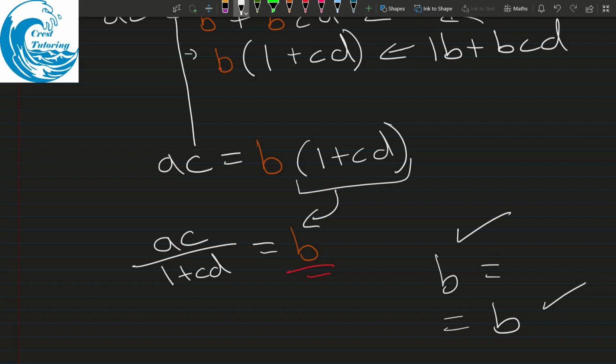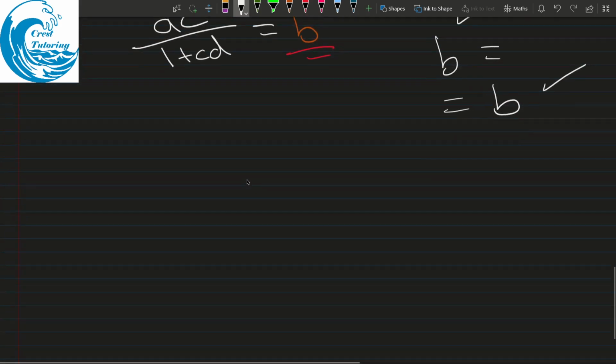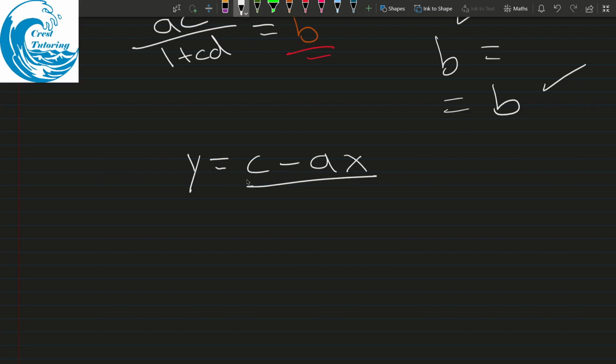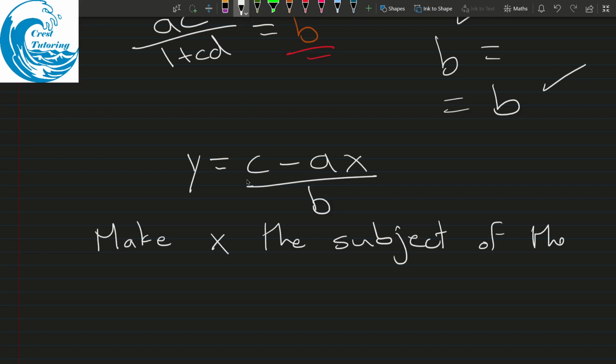Okay, so I'll give you one to try now. I'm going to give you y equals (c minus ax) all over b, and I'm going to ask you to make x the subject of the formula.